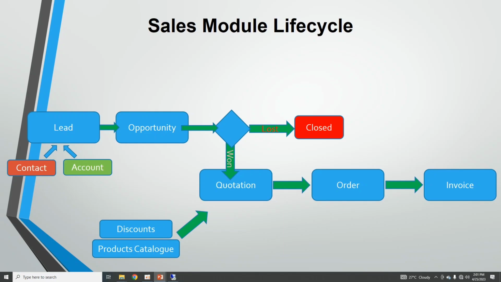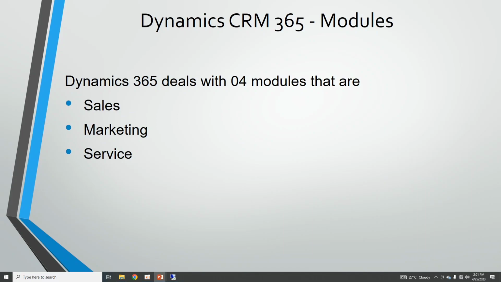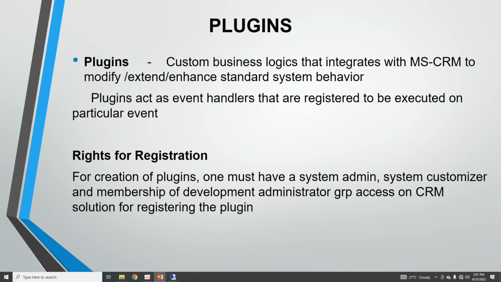If it is won, we give the quotation. On acceptance of the quotation, there are discounts and product catalogs in the quotation. After the quotation, the order is accepted and the final invoice is given for payment. Dynamics 365 has three modules: sales, service, and marketing. Plugins are custom business logic that is integrated to automate, enhance, modify or extend the system functionality.